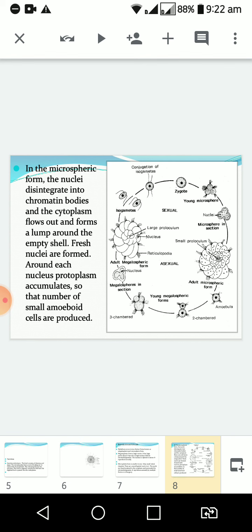So here the fresh nucleus is formed. Around each nucleus, protoplasm accumulates so that a number of small amoeboid cells are produced.